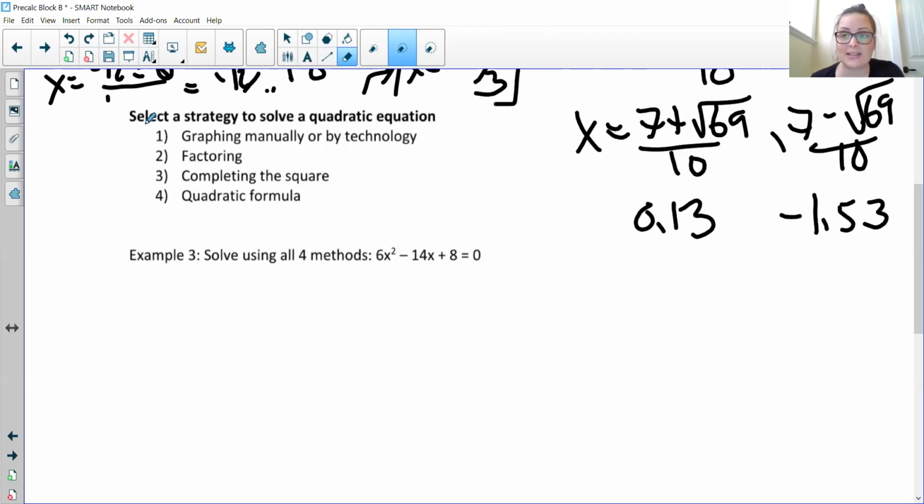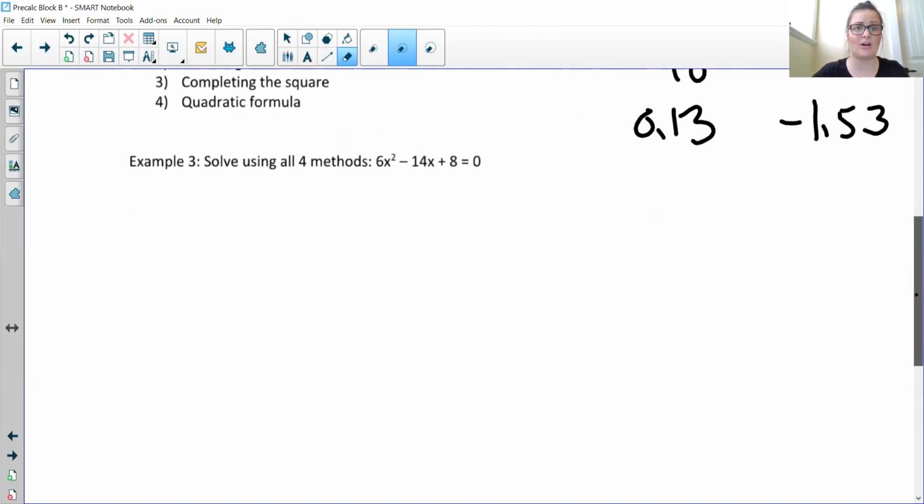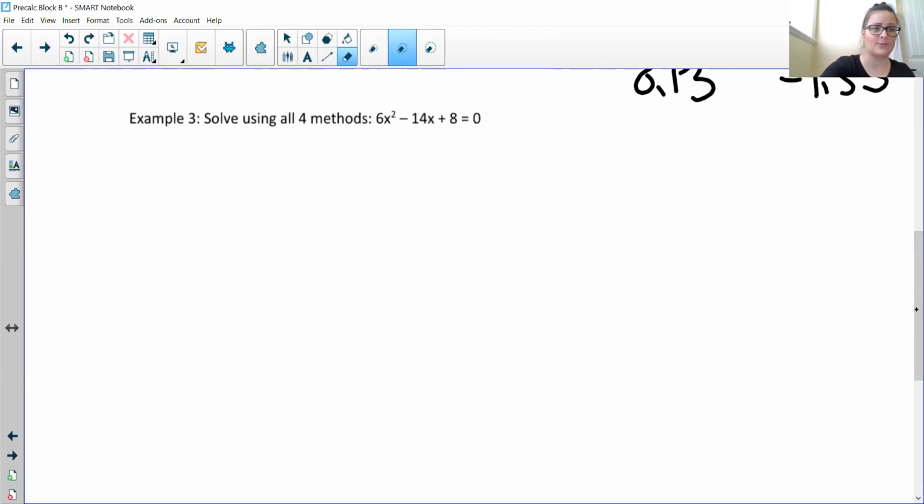You can complete the square, which is the longest way, but if you don't remember the quadratic formula, it's the way you're going to have to go if you want an exact value. And then there's the quadratic formula. This one you can actually solve all 4 ways. I want you to pause the video here and try all 4 ways of solving this one.